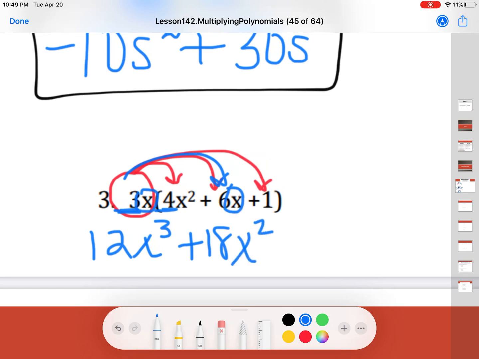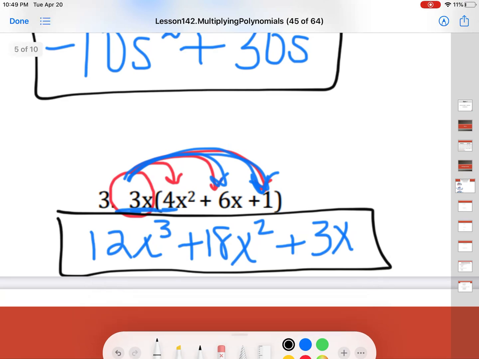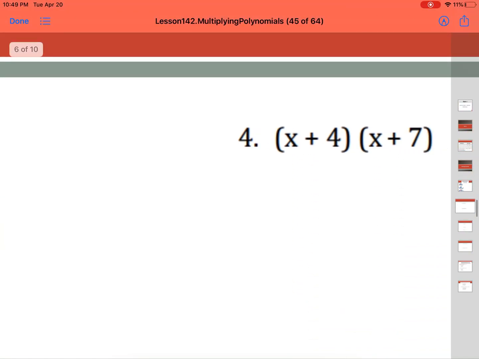There's an x here and an x here, so that makes x squared. 3 times 1 is 3. There's an x here, so I have to have an x in my answer. Very easy. So I took my 3x and I gave it to each of my terms. Super easy.